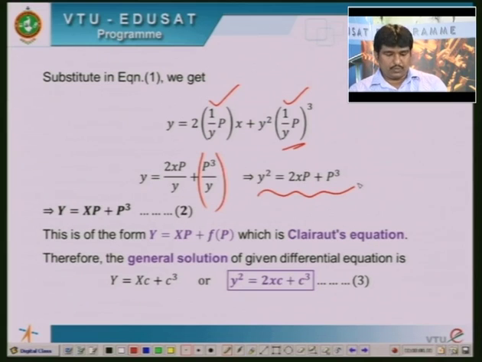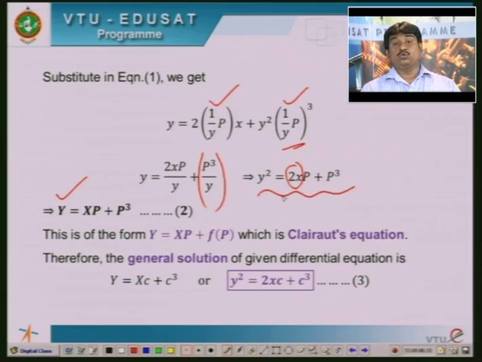Now I will substitute because I have y square here and you know that small y square equals capital Y. So capital Y equals, yes, I have 2x, and 2x is capital X. So capital Y equals capital X into capital P plus capital P cube. This is of the form y equals px plus f of p, which is Clairaut's equation.